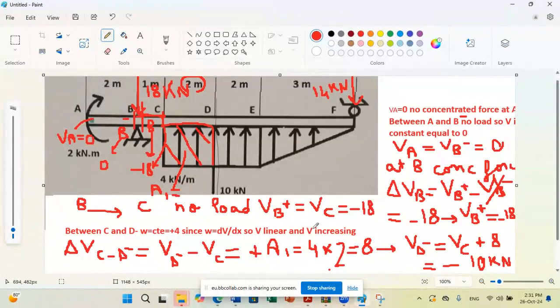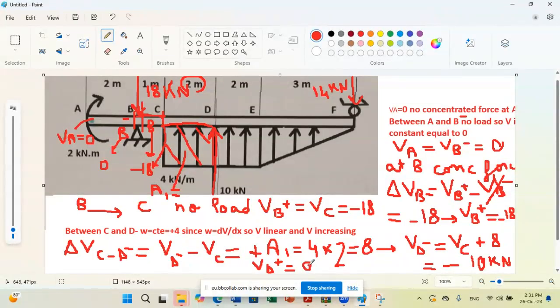And now, since at D we have an upward force of 10 kilonewton, this will lead to an upward jump in shear. So VD plus will be equal to VD minus plus 10, because we have a concentrated force at D, so it's equal to 0.